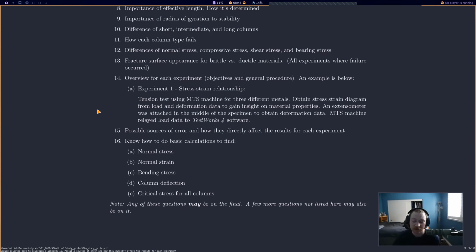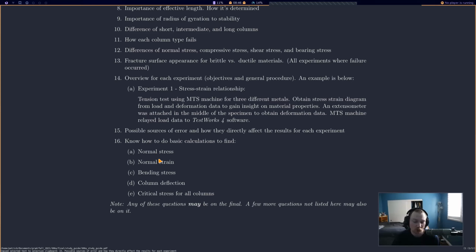So that's one source of error, and there's more for that lab in particular. So basically, just think about the experiment, what the sources of error were, and how they directly affect the results. And then the very last thing, know how to do some basic calculations to find the following.